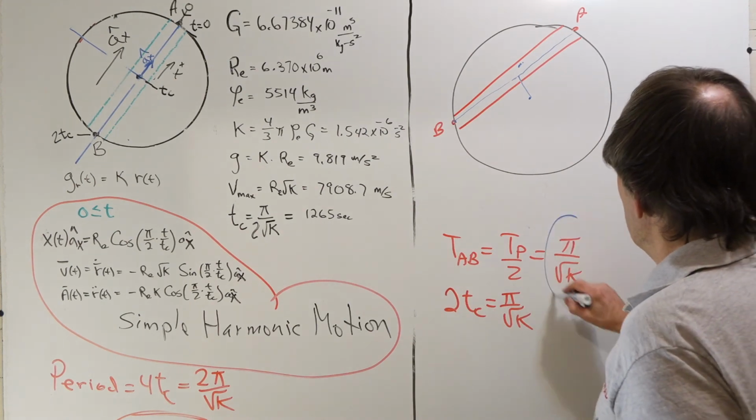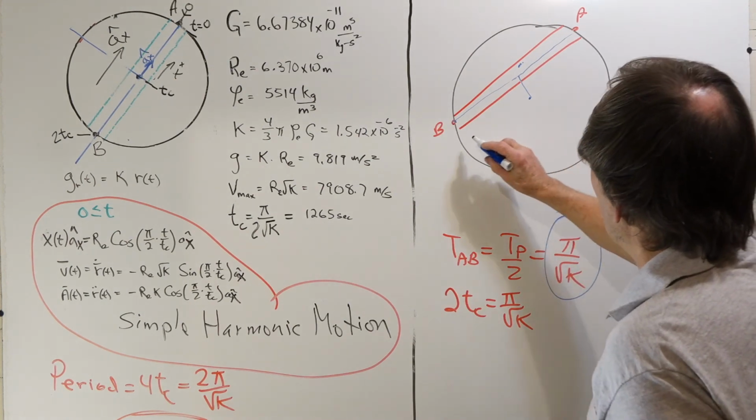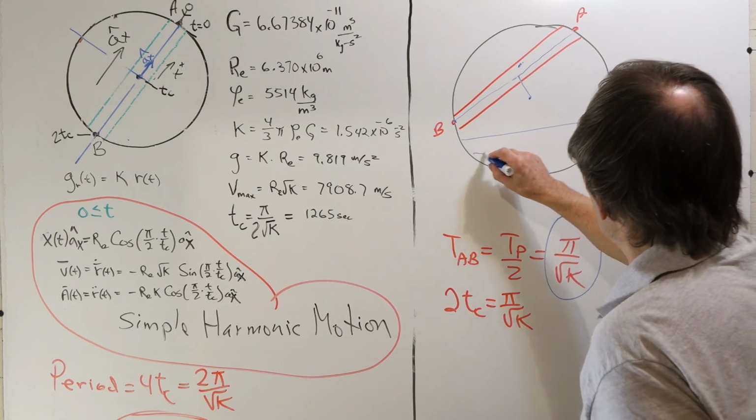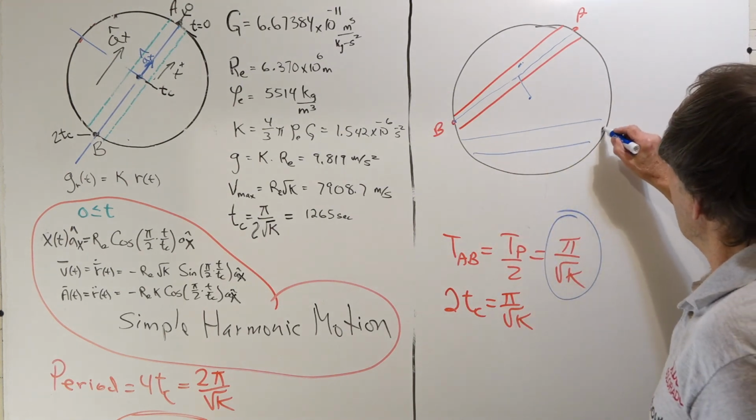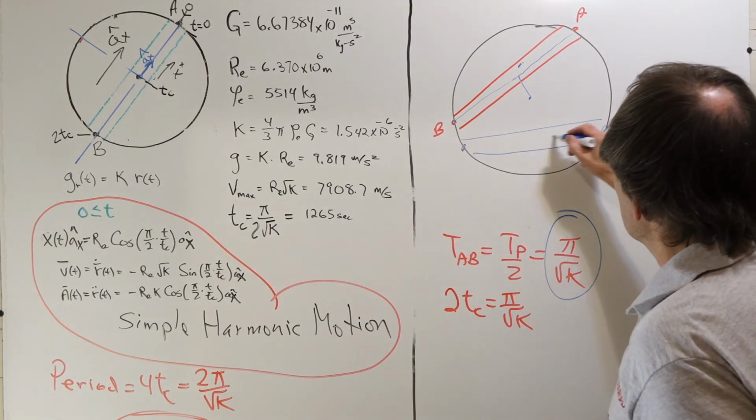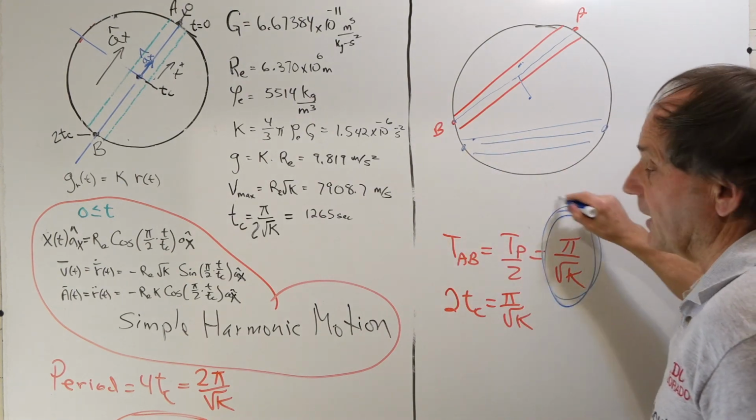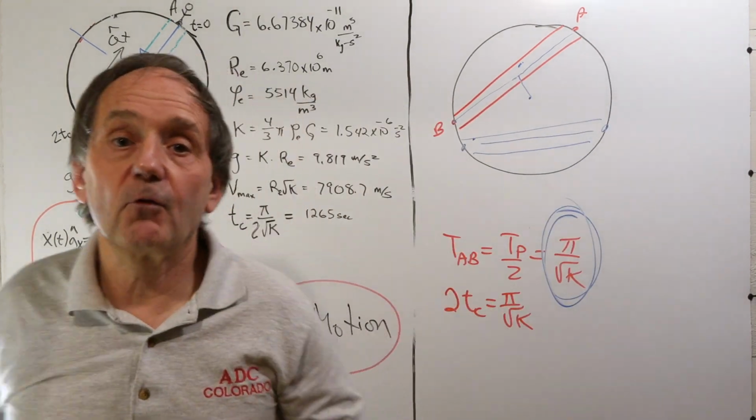It doesn't change from this value. No matter how we bore our tunnel, to go from A to B is always going to take this amount of time, which is about 42 minutes.